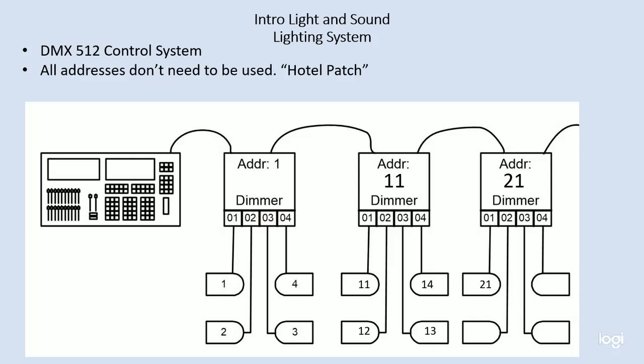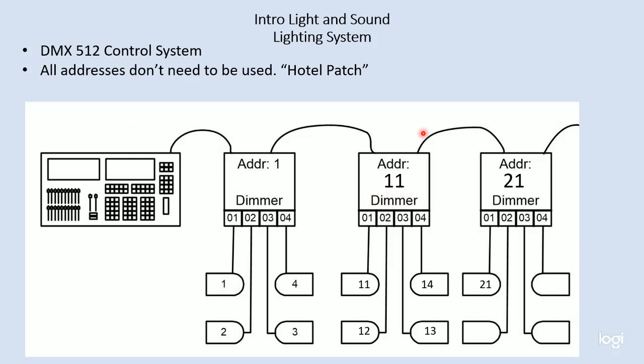Now, we don't have to use all 512 addresses. We could set the starting address of our first dimmer pack to be 1, which would make it 1, 2, 3, and 4. And we can set our next address as 11. So our second dimmer pack then would correspond to 11, 12, 13, and 14. Our next dimmer could be 21. So that would be 21, 22, 23, and then 24, right?